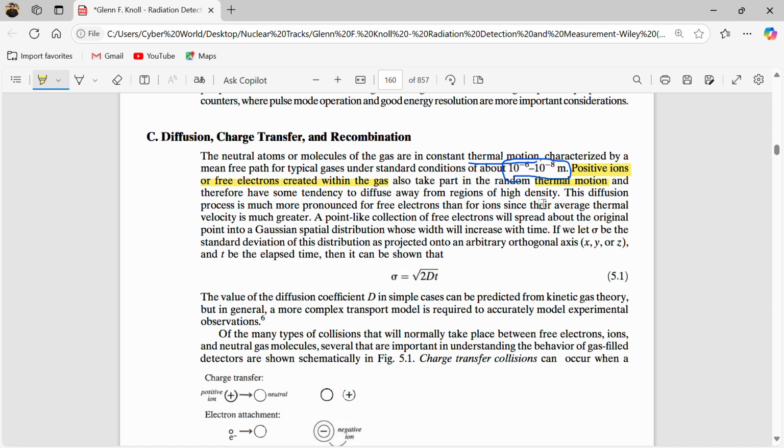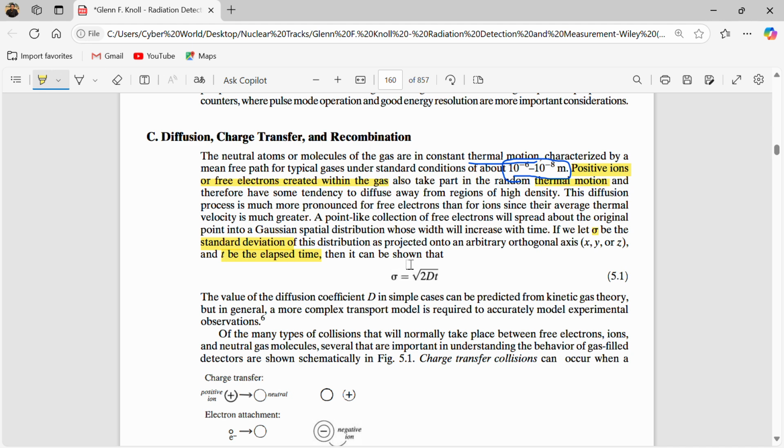Let sigma be the standard deviation of the distribution as projected onto an arbitrary orthogonal axis, x, y or z, where t is the time elapsed.